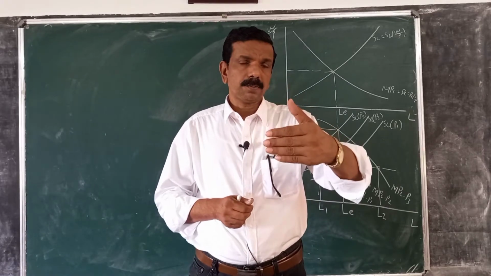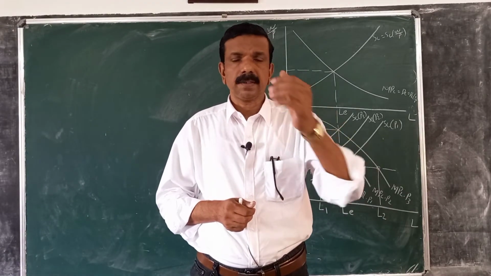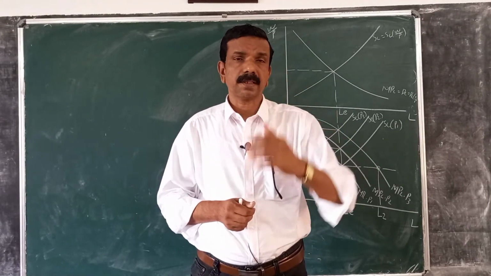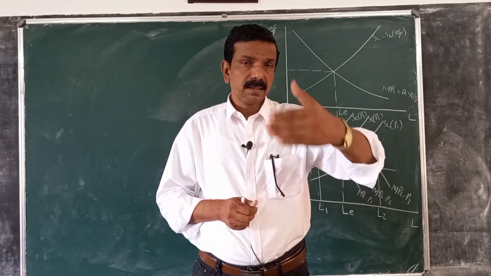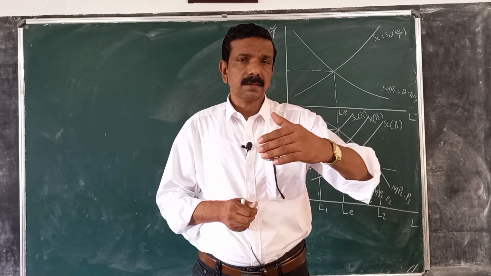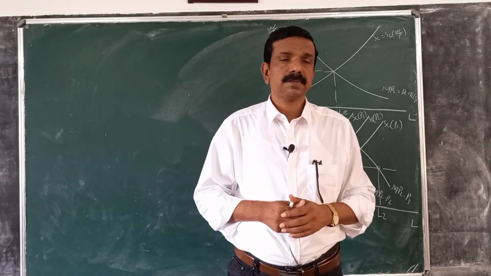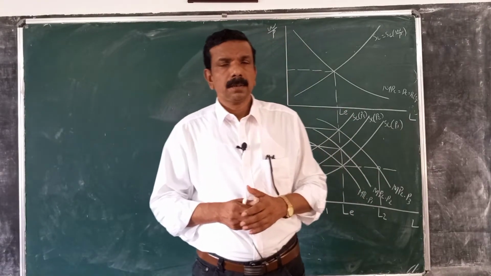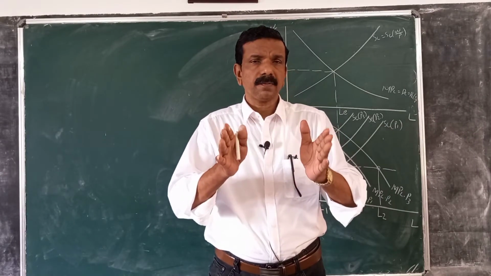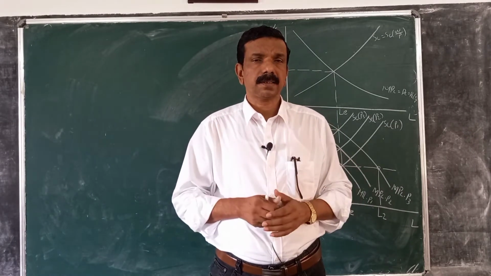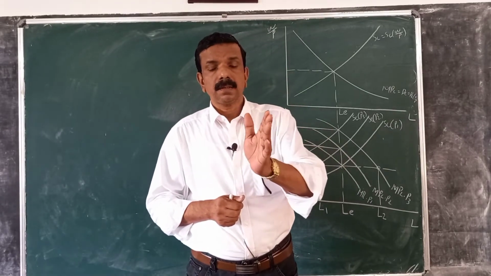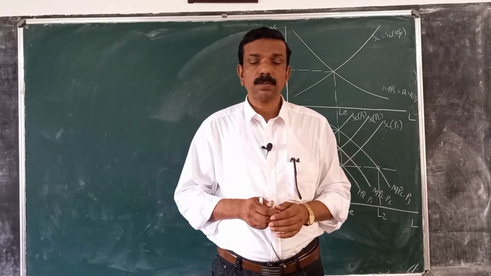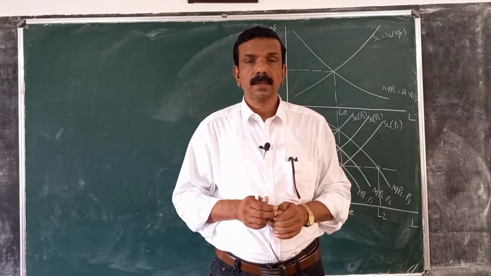The level of output, employment and real wage are the endogenous factors, and change in the endogenous factors is determined by exogenous factors. So our concern here is to explain what the exogenous factors are which cause change in the endogenous factors, output and employment.